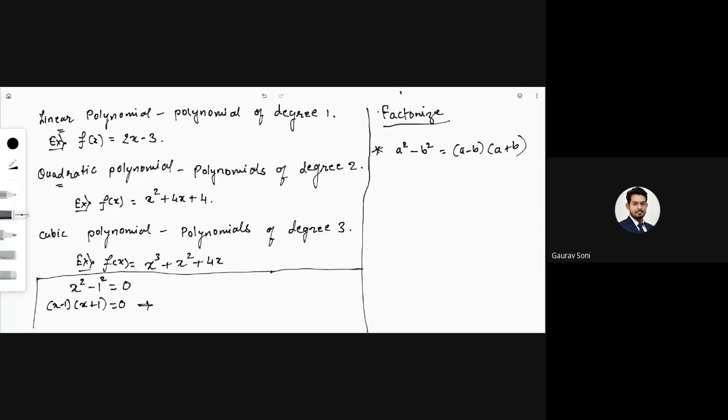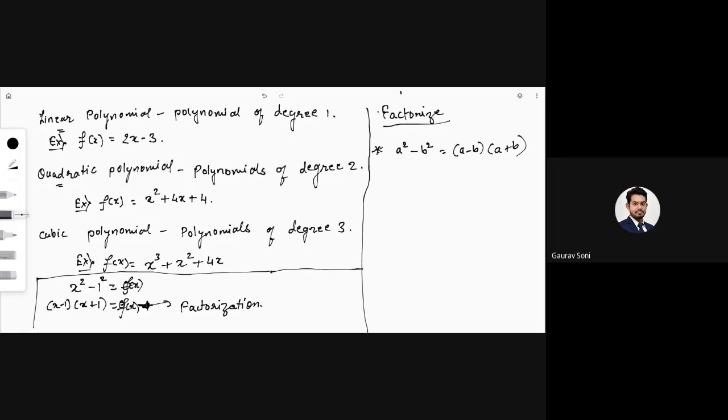So if I call this x square minus 1 square as f of x, then f of x I have written like this, x minus 1, x plus 1. So this form is called factorization, which means that you have a polynomial of some higher degree and you write it down as product of some linear polynomials or quadratic polynomials.